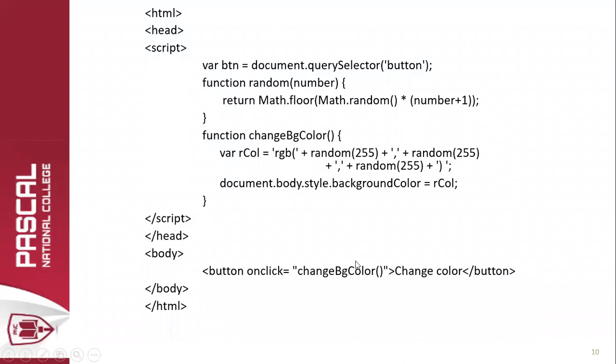You are calling this function 3 times because you want a combination of 3 colors: red, green, and blue. So you are passing the value for the red part, the value for the green part, and the value for the blue part. Your value ranges from 0 to 255. This way you get some color value here, and you apply this color value to the background color of your body.